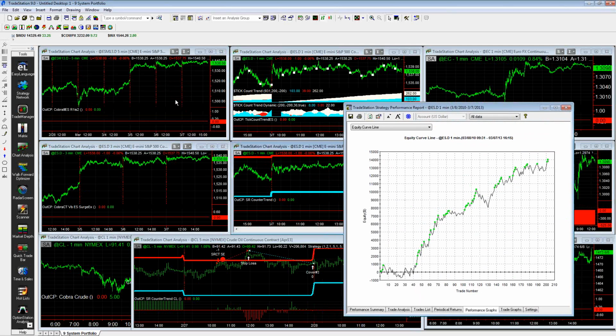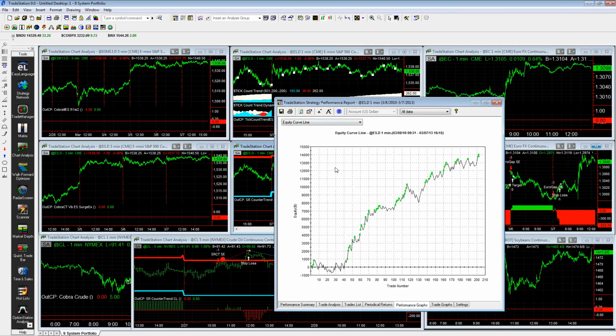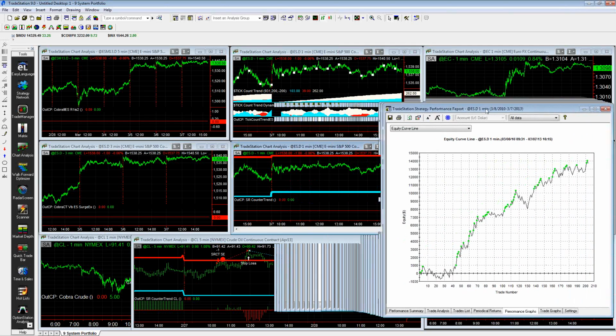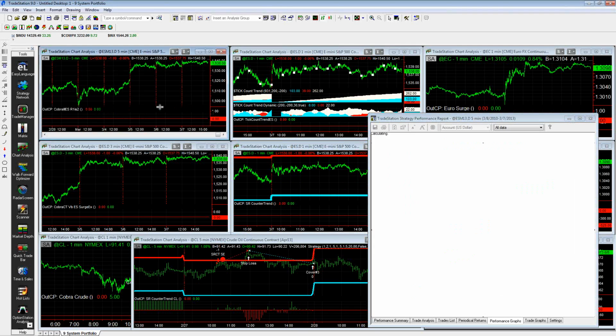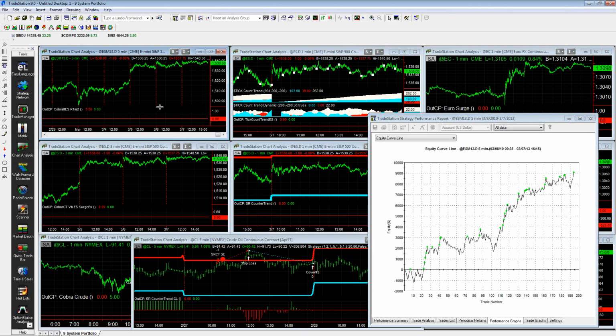So these two systems are in a drawdown, and these two are kind of in a run up, near equity peaks. What happens is if you plan on trading the whole portfolio, and you only start trading the systems that are in a drawdown, you end up losing your diversity. You don't want to lose your diversity by just selecting systems.